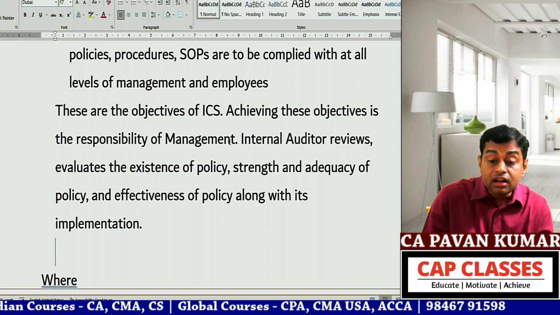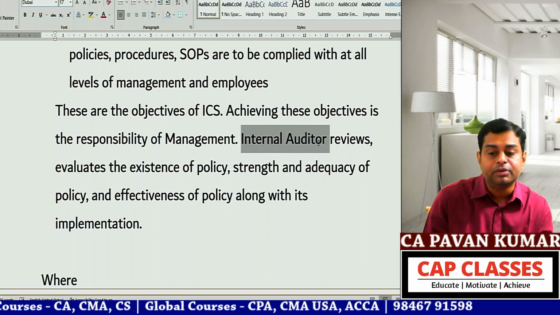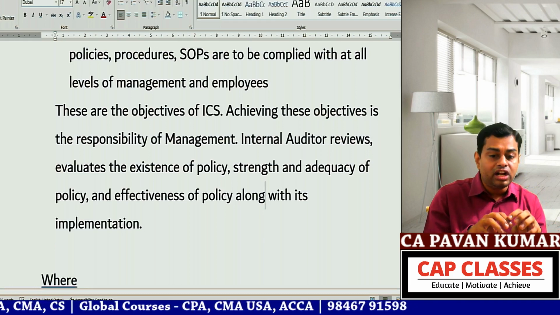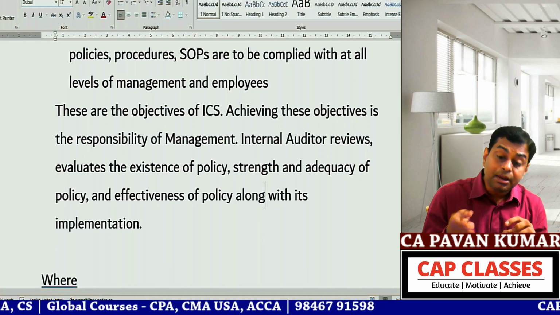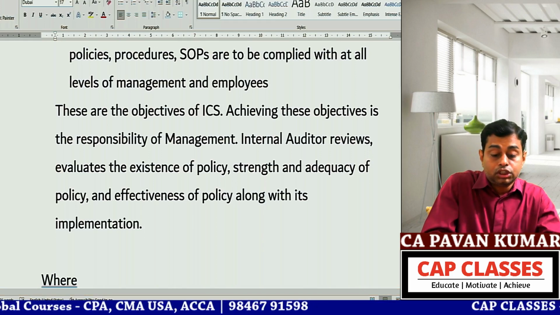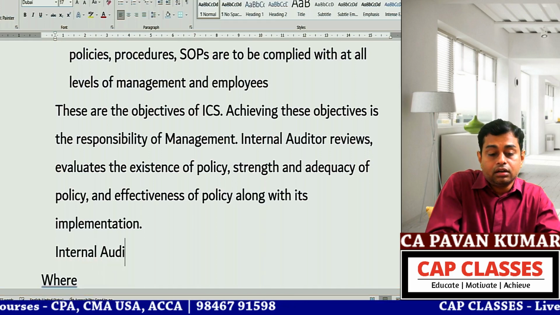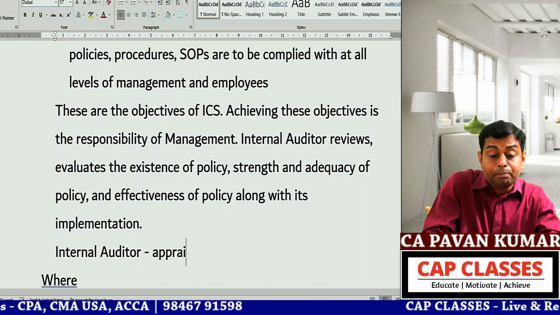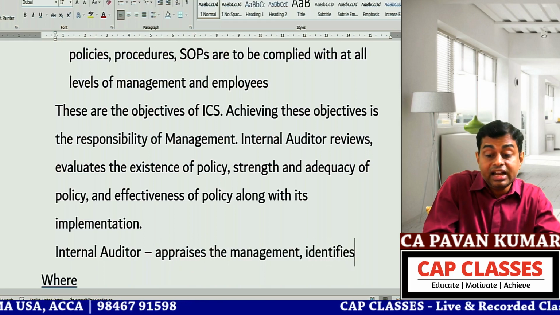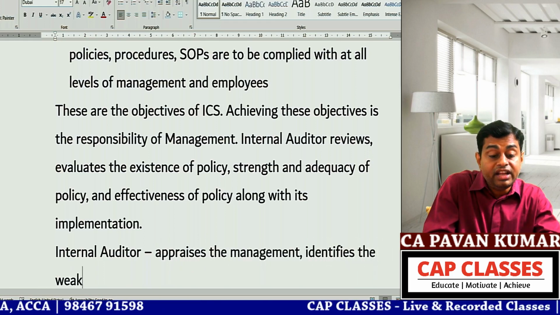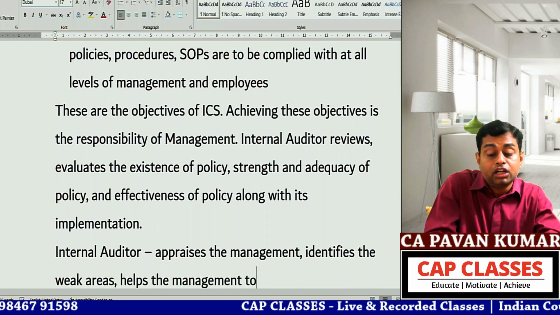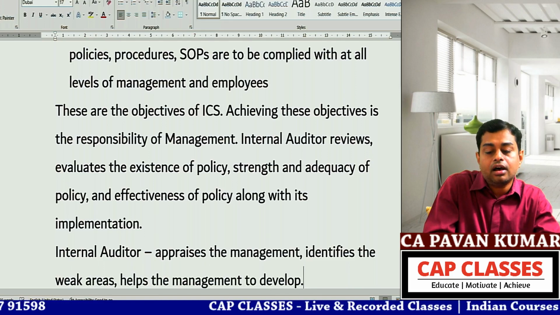Now, internal auditor helps the management. That is the reason we call it an appraisal activity. Internal auditor appraises the management, helps the management to achieve what they are supposed to achieve. He identifies the weak areas and helps the management to develop.